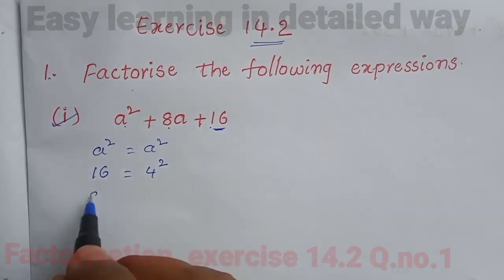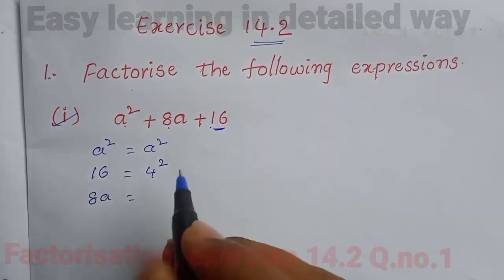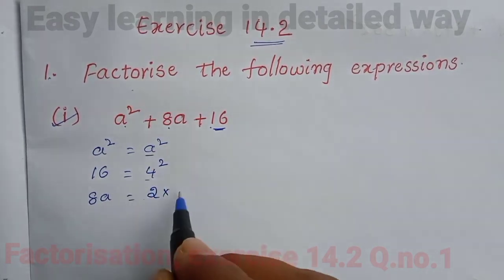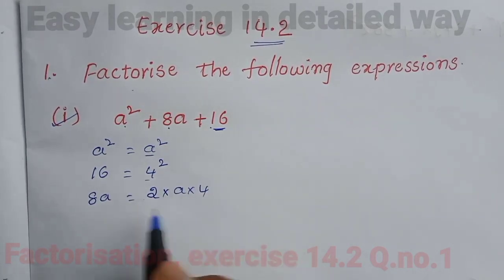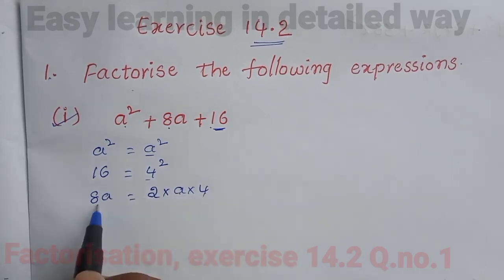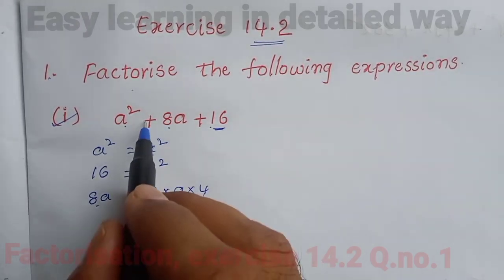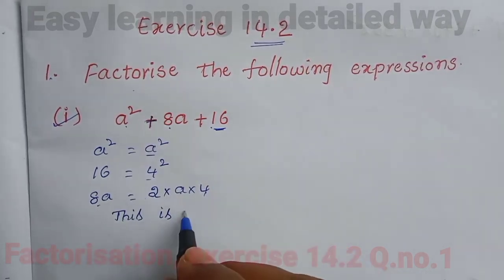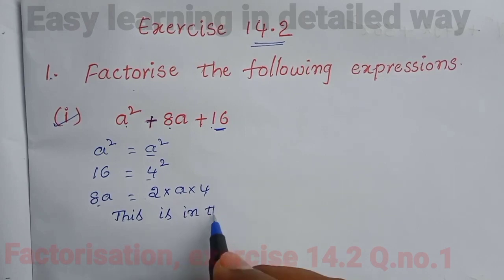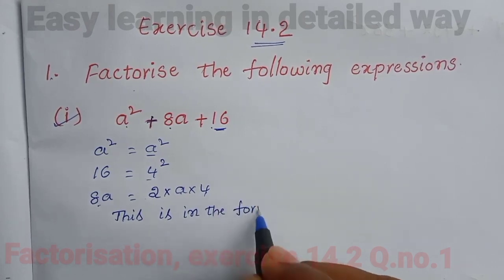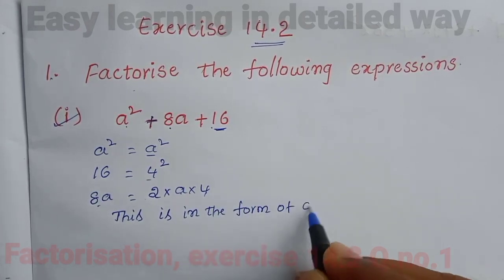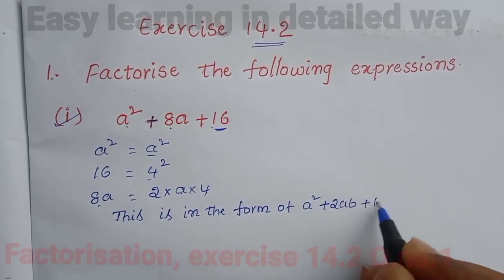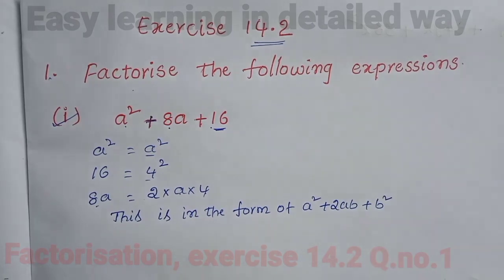And 8a, see 8a can be written as 2 into a into 4, that is 2 into a into 4 is 8a. సో మరి ఇక్కడ మిడిల్ టర్మ్ పాజిటివ్ ఉంది కాబట్టి this is in the form of a square plus 2ab plus b square. సో ఈ ఫామ్లో మనం ఎక్స్ప్రెస్ చేయొచ్చు.